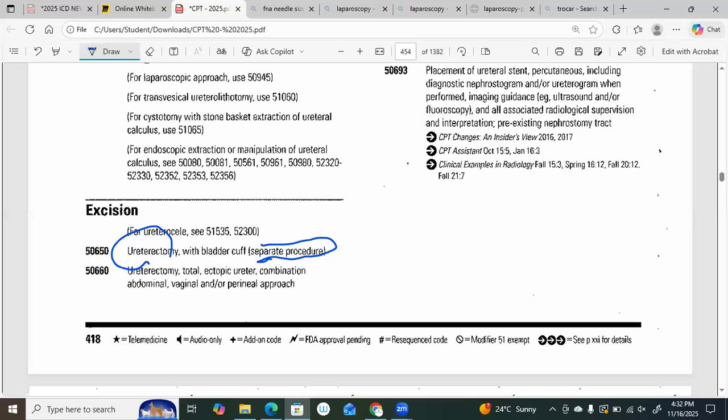You have to make sure that you are not going to bill any other major procedure. Whenever there is a separate procedure, we have to bill it only if it is the only procedure performed. If we have any other procedure performed at the same time on the ureter, then we have 50660.